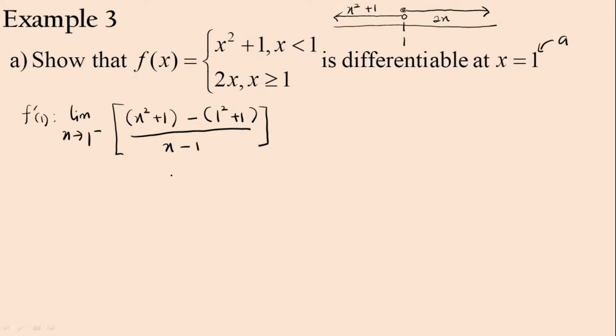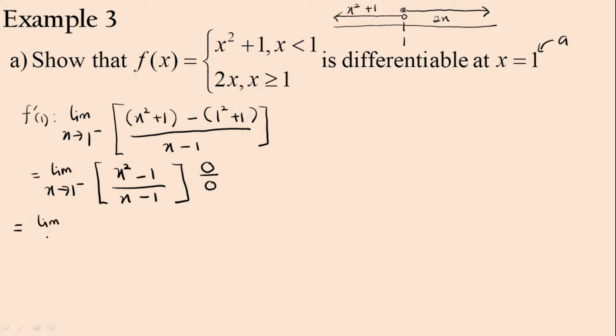Now we have to solve this by using the concept of limit. So this would be equal to the limit of x approaches 1 from left of x squared minus 1 over x minus 1. If we try to substitute x approaches 1 here, you will get 0 over 0, an indeterminate case. But then we can identify that we have a quadratic expression there, so it can be factorized.